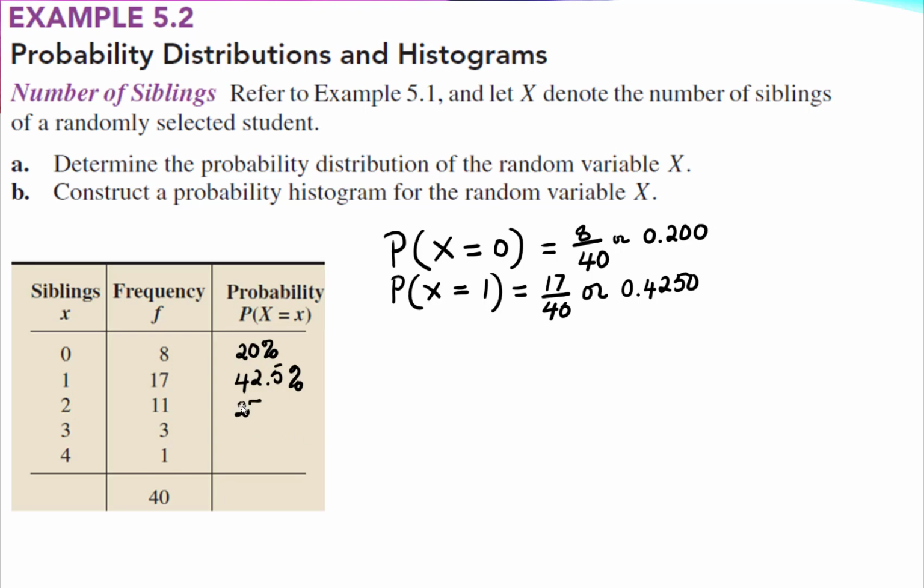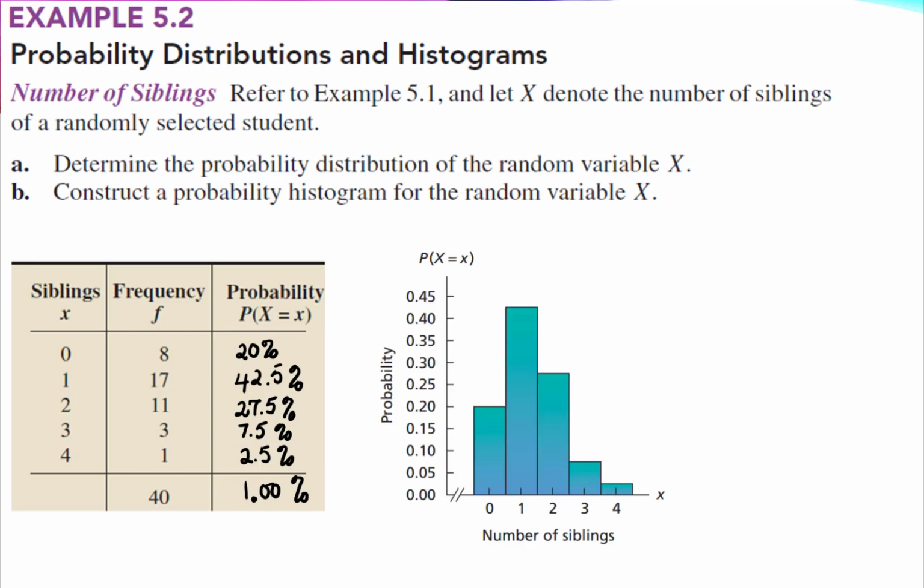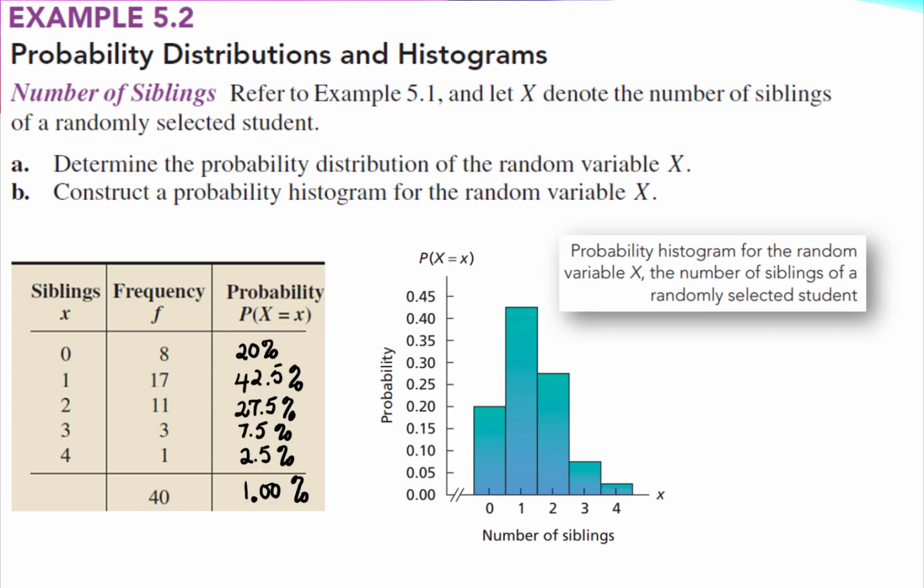Similarly, P of x equal to 2 is equal to 27.5%. P of x equal to 3, 7.5%. P of x equal to 4, 2.5%. And the total is just 1, or 100%. And this is the picture of the histogram. Feel free to stop the tape and look at it.